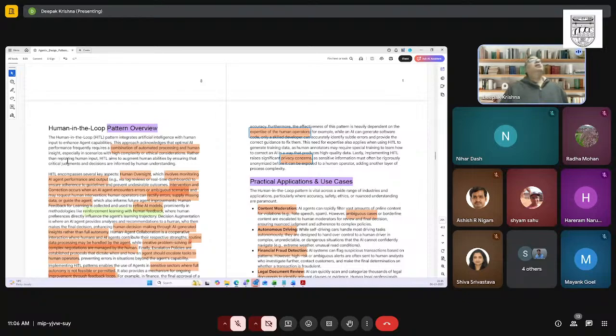So whatever output AI has produced, a human is going to monitor that, or intervene, and correction can also happen for any ambiguous scenarios. So this is a scenario where we can put the human in the loop. Or if there are some errors, I can use human in the loop to rectify those errors, supply any missing data, or guide the agent.